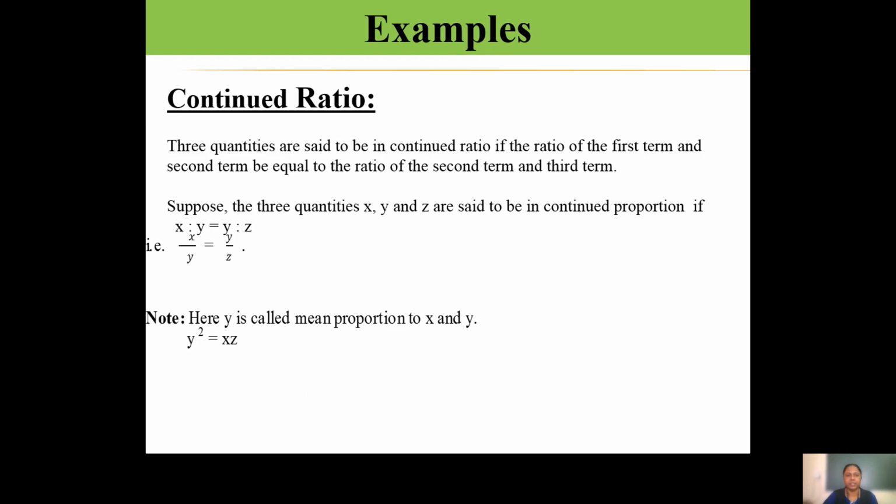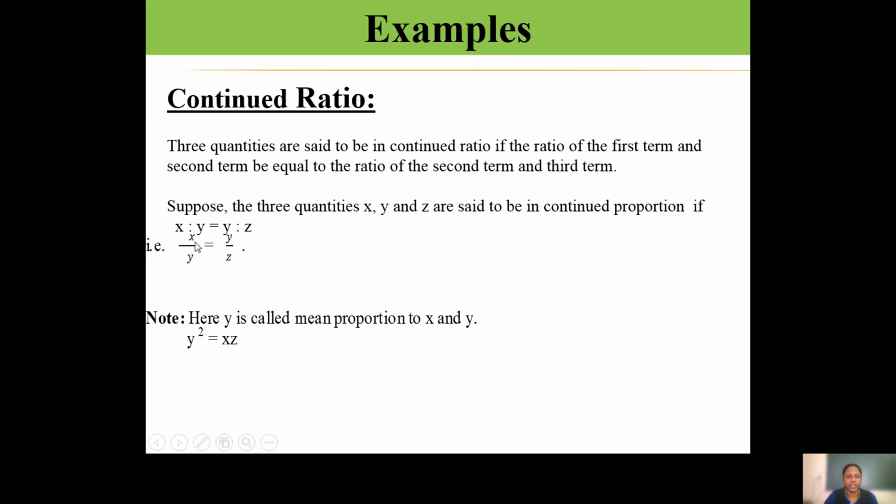So now we will see the next concept, which is continued ratio. Let us begin with the definition. Three quantities are said to be in the continued ratio if the ratio of the first term and the second term is equal to the ratio of the second term and the third term. Suppose the three quantities are x, y and z. They are said to be in the continued proportion or continued ratio if x is to y equals y is to z.